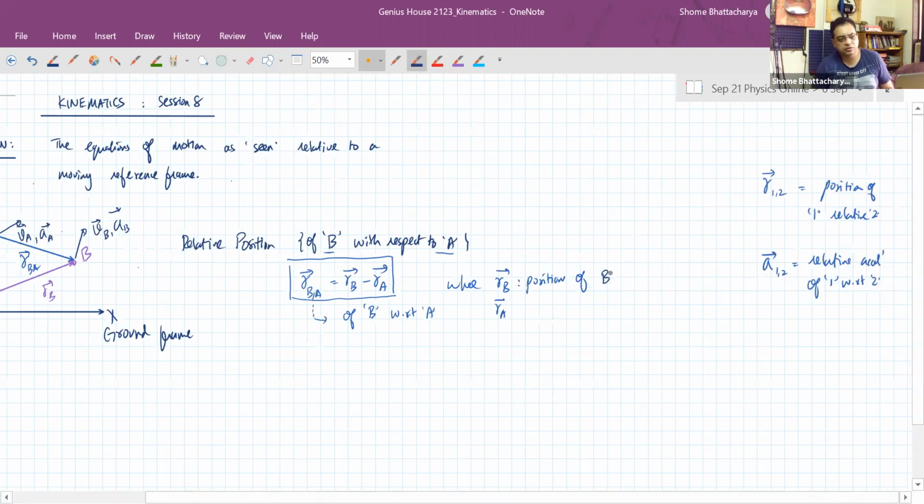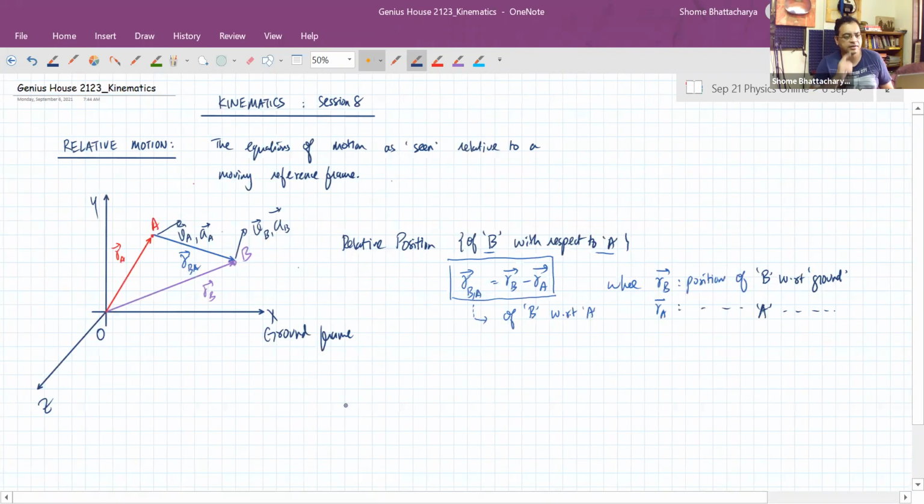This is the position of B with respect to the ground floor, and this is the position of A with respect to the ground floor. So if I know the absolute position vectors of B and A, then I can write the relative position of B with respect to A as a difference.